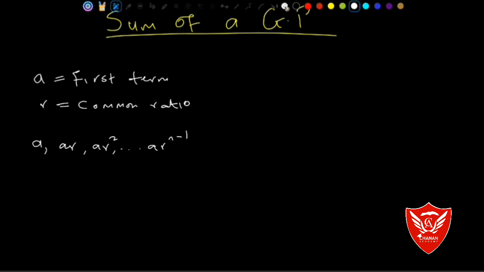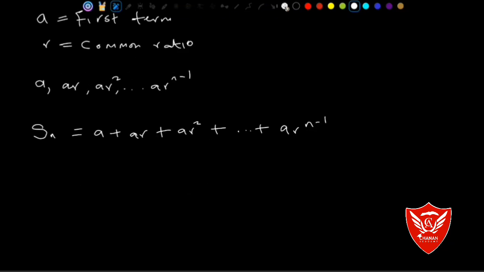So if we're asked to sum this sequence, the summation of the n terms, Sn, is going to be a plus ar plus ar squared plus up to ar^(n-1). Let's call this equation 1.